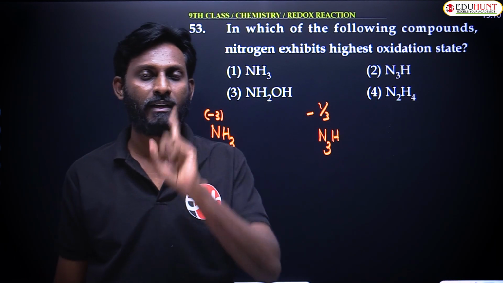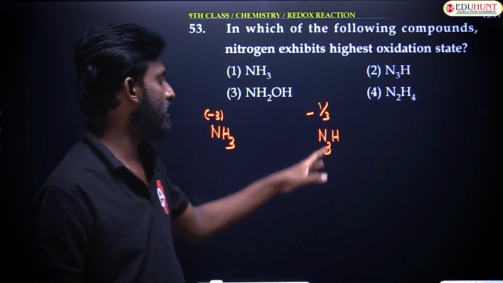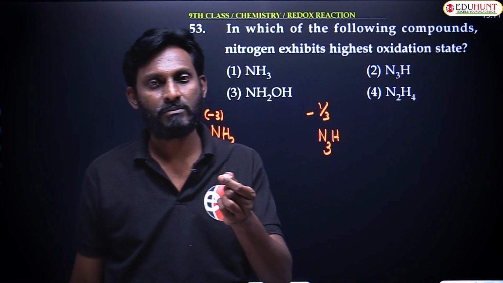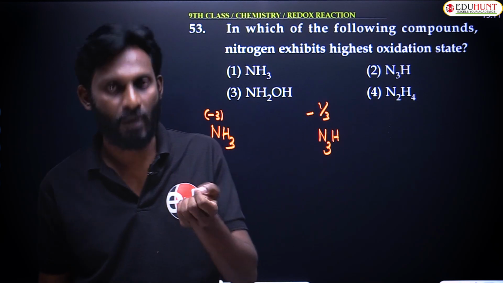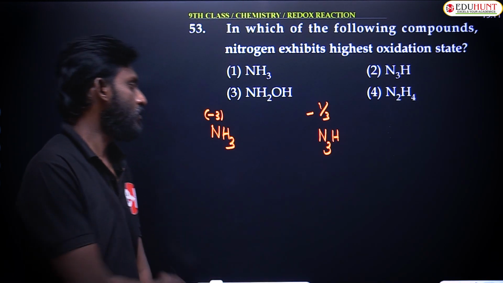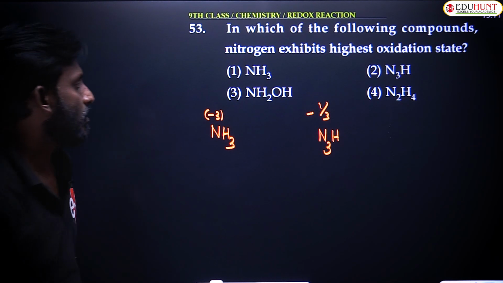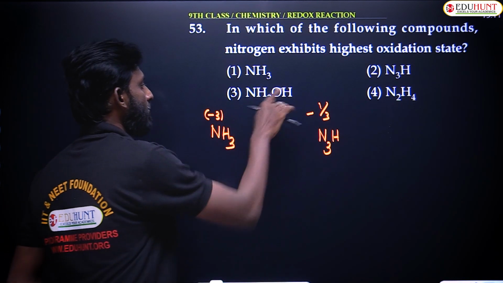Hydrogen will lose one electron, and that electron has to be shared by three nitrogens. So if one electron is shared by 3 nitrogens, each nitrogen gets 1/3 part of that electron, so -1/3.